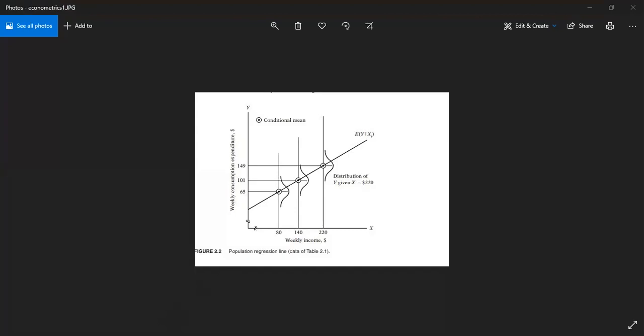You have to understand U first. U equals Y minus expected value of Y given X.